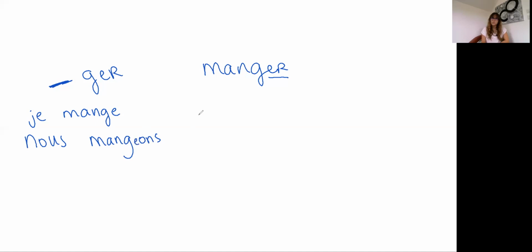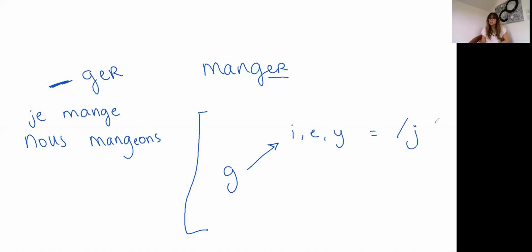Just a quick reminder that G in front of I, E, and Y makes a J sound, but in front of A, O, and U, it makes a G sound. So here, remember, in the present tense, we had to add an E to make sure we had nous mangeons using the J sound and not nous mangons.